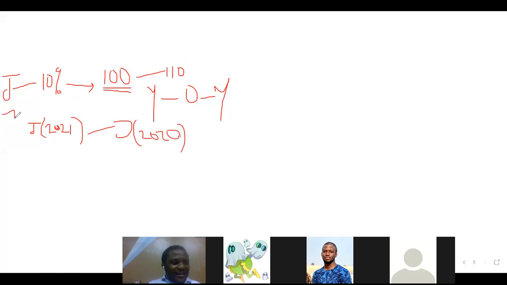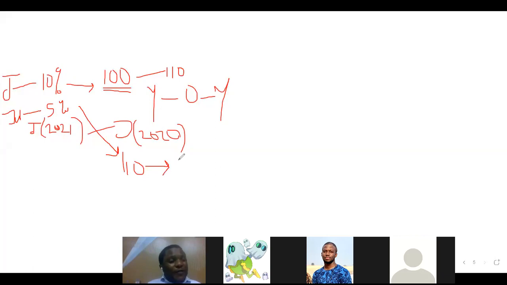In July, if inflation declines to 5%, what does that tell you? It's telling you that the bag of rice that was 110 is now going to increase by 5%. And 5% of 110 is 5.5.